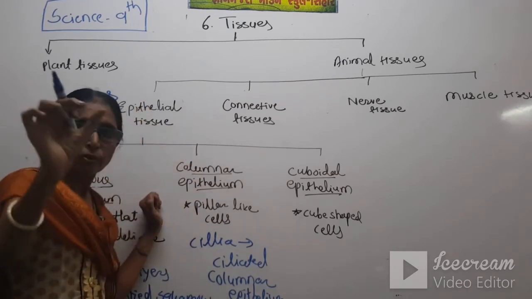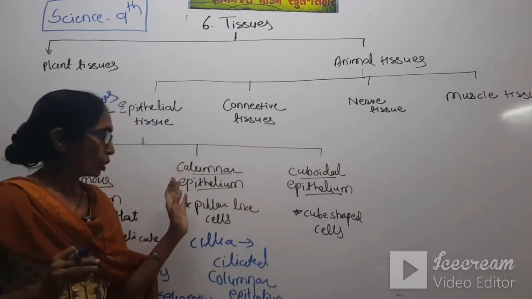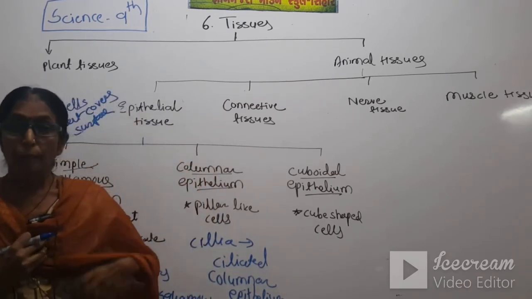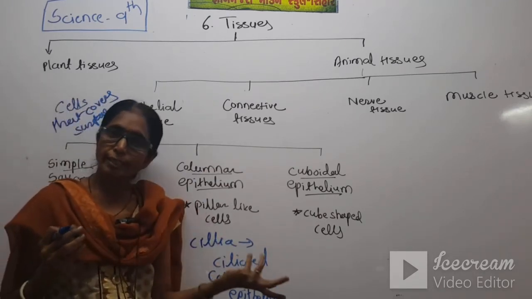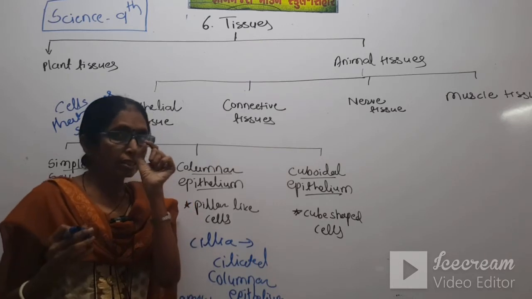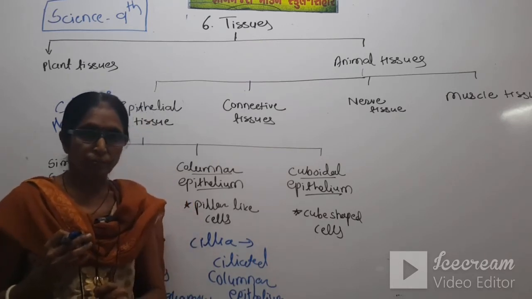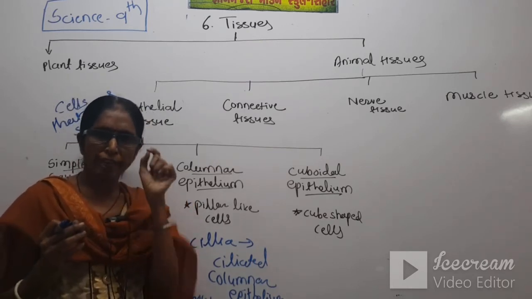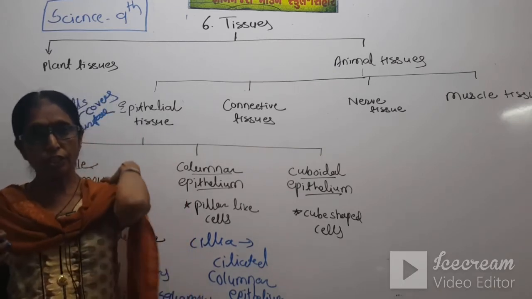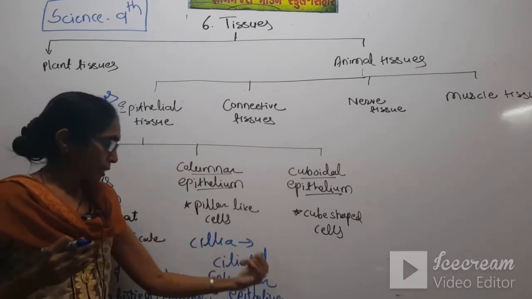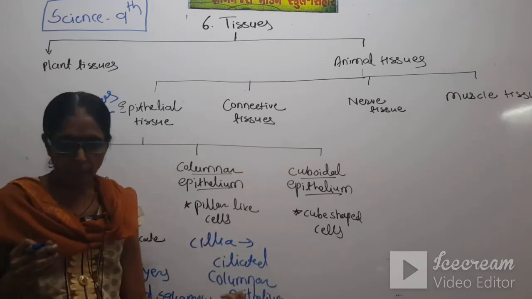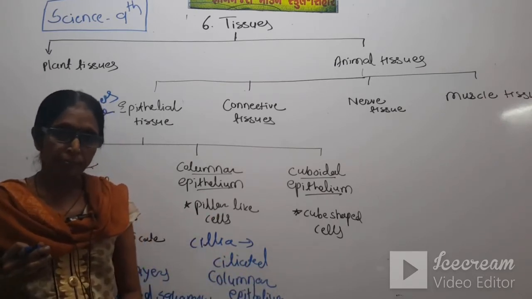Just suppose only columns are there, they are called columnar epithelium. But if these columns have cilia, now what is cilia? Cilia are just hair-like structures. Very small, very minute hair-like structures. If they have them, then they are called ciliated columnar epithelium.